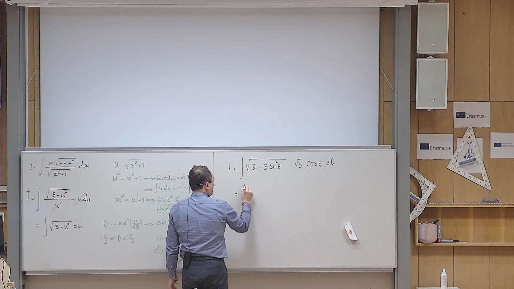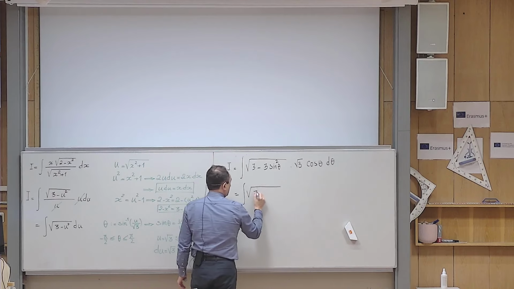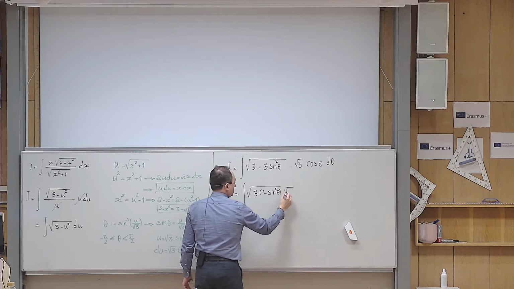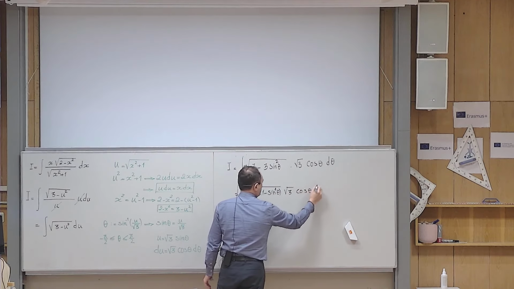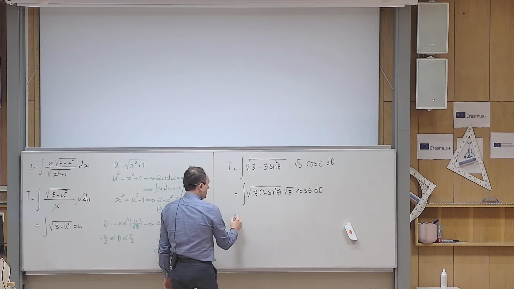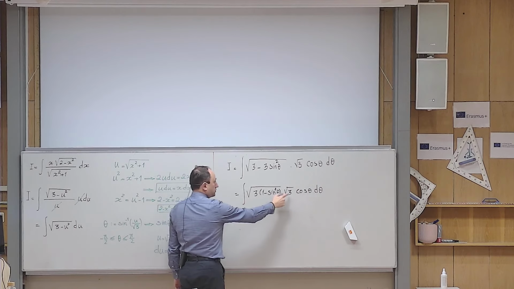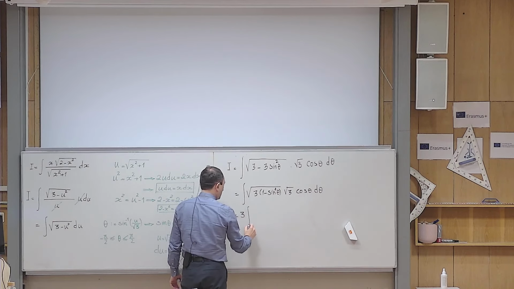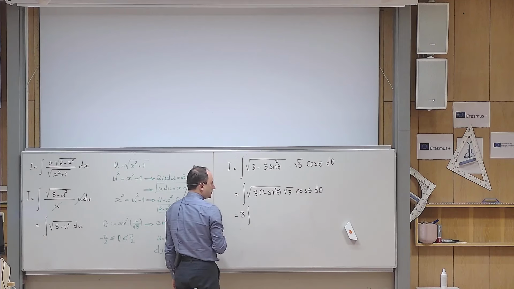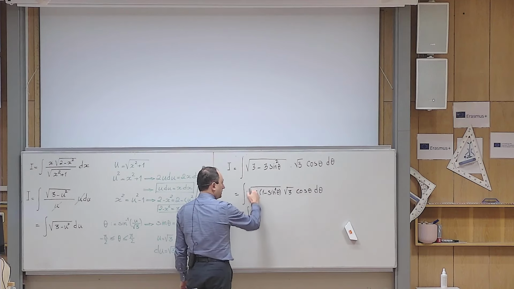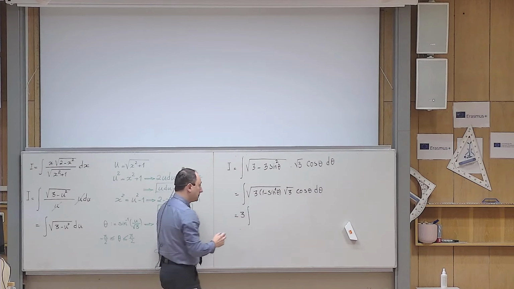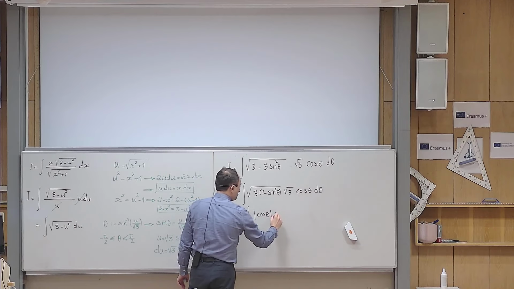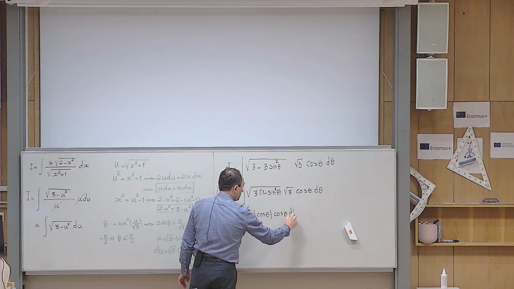And then, of course, I can factor the 3 out here. The square root of 3 coming from here and a square root of 3 coming from there give me a factor of 3. I pull it out of the integral, but 1 minus sine squared theta is cosine squared theta, and then I have a square root of cosine squared theta, which becomes the absolute value of cosine theta, multiplied by another cosine theta d theta.